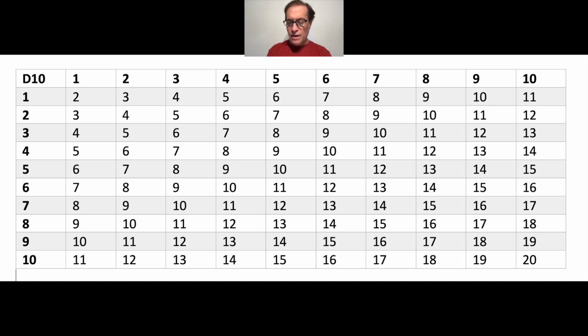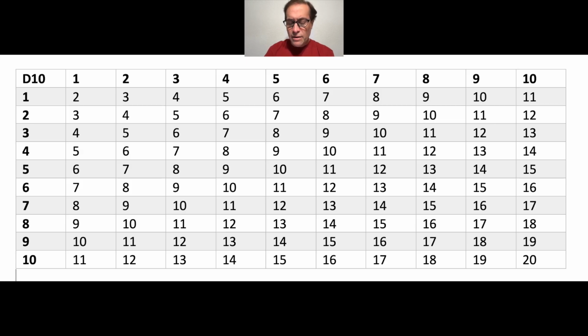For advantage, it turns out to be 19%. So I understand this is a little tricky, but you have to count how many combinations of 2d10 have at least one 10 in them. 10 and 10 obviously has 2 10s, which fits the need.